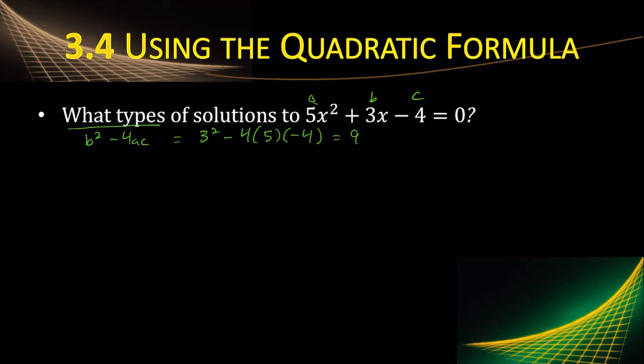So that's 9, and I think that would be 80. 9 plus 80 or 89. That is definitely bigger than 0. So if our discriminant is bigger than 0, it is 2 real solutions.